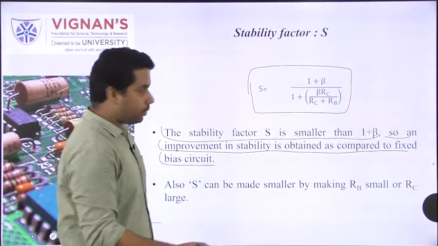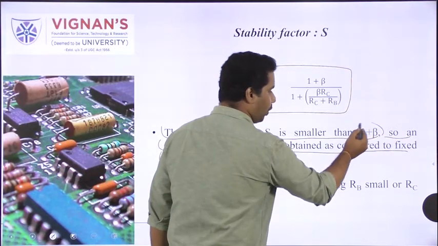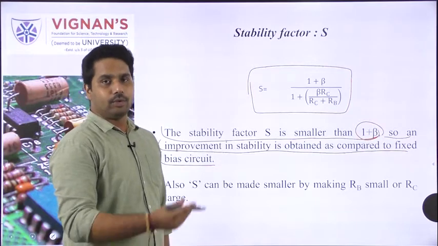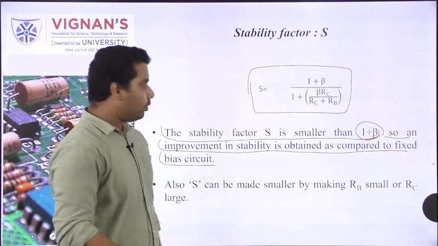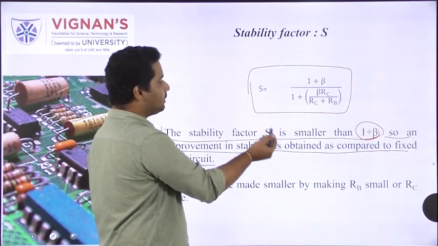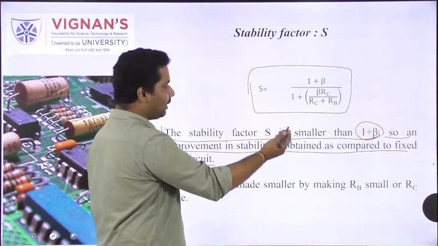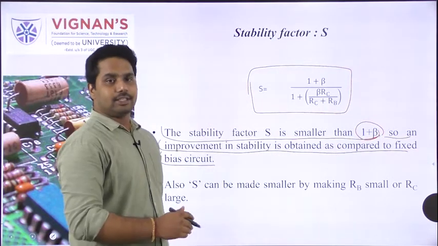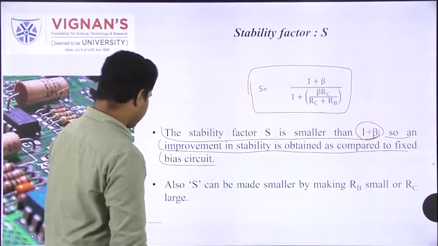For a fixed bias circuit, the stability factor was 1 plus beta, and because of that high stability factor value, poor stabilization was there. But now, this collector to base feedback has a stability factor somewhat lesser than 1 plus beta. So that stabilization is improved in this particular case.